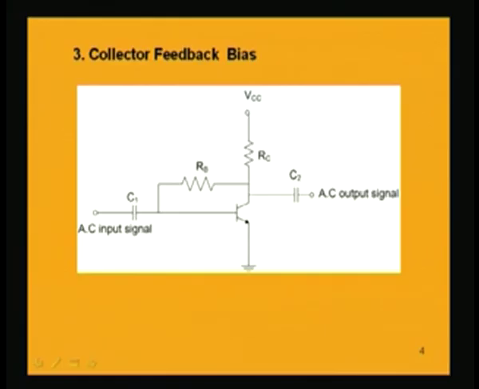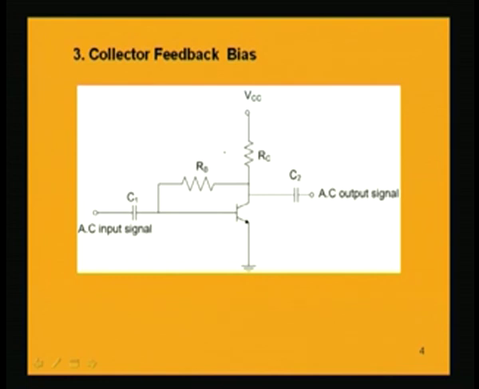Another scheme is the collector feedback bias. In the collector feedback bias, the collector has a feedback resistance which is connected to the base. That means there is a feedback loop from collector to base through this resistance RB.